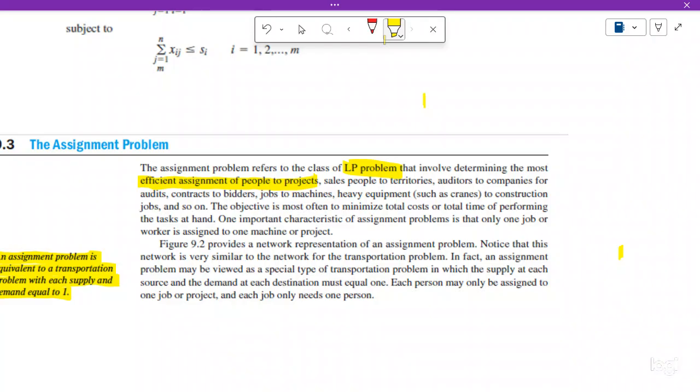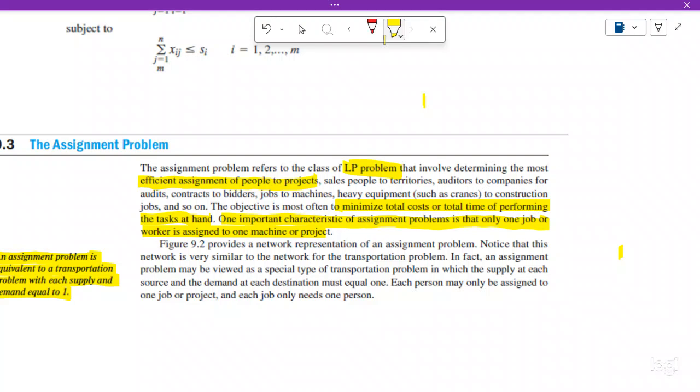The objective is most often to minimize total cost or total time of performing the task at hand. One important characteristic of an assignment problem is that only one job or worker is assigned to one machine.